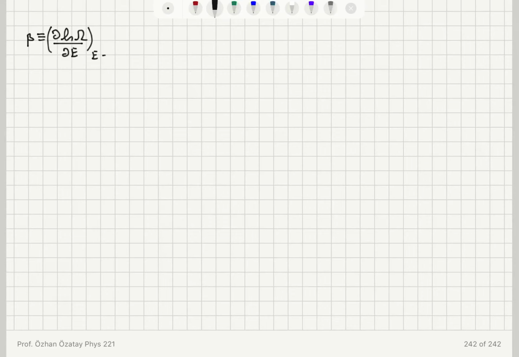This at E equal to E bar gives you the thermal equilibrium beta value, which is 1 over Boltzmann constant times temperature. Now if you have a change in the external parameter of the system, then you also have the derivative of omega with respect to your external parameter x for a constant energy. So I can write this for constant external parameter x, and this is for constant energy.